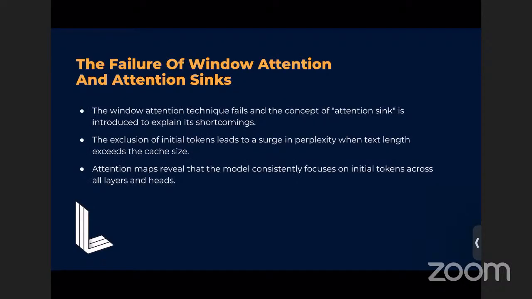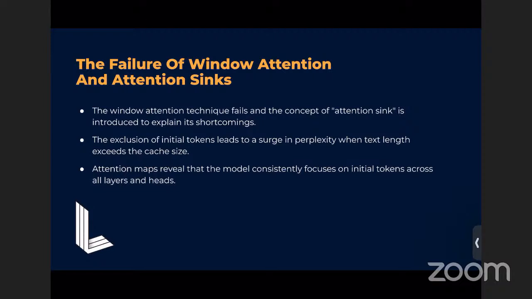Okay. So window attention techniques fail, and the concept of the attention sink explains it. The window attention technique, which limits what models pay attention to, doesn't really work well for long texts.